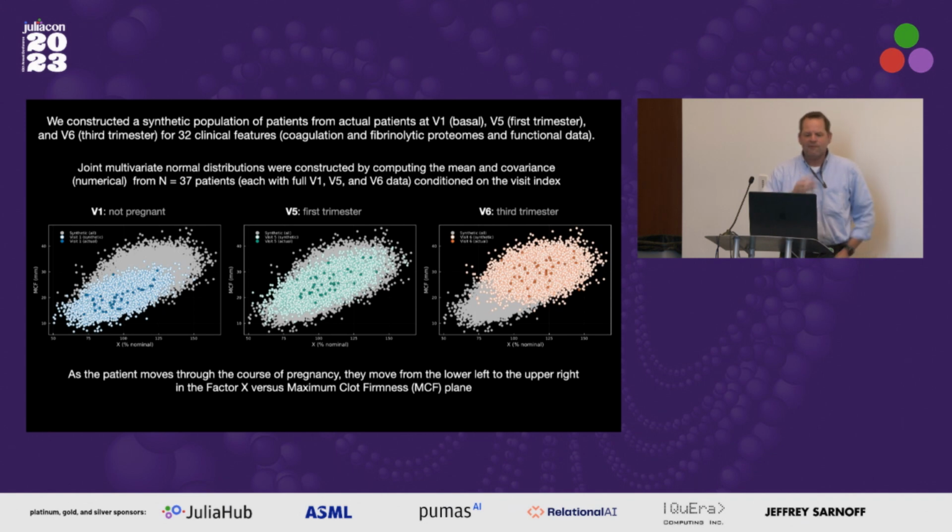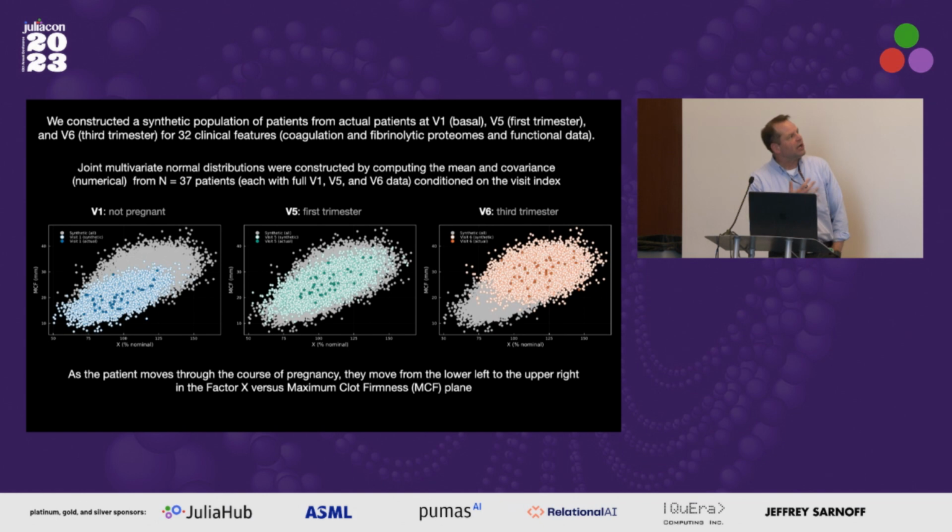For each of these visits, we have 32 clinical features that we are monitoring, so coagulation and fibrinolytic proteome and functional data. In other words, what we're going to talk about today is something called thrombin generation assays, which is how well these pregnant patients generate thrombin.